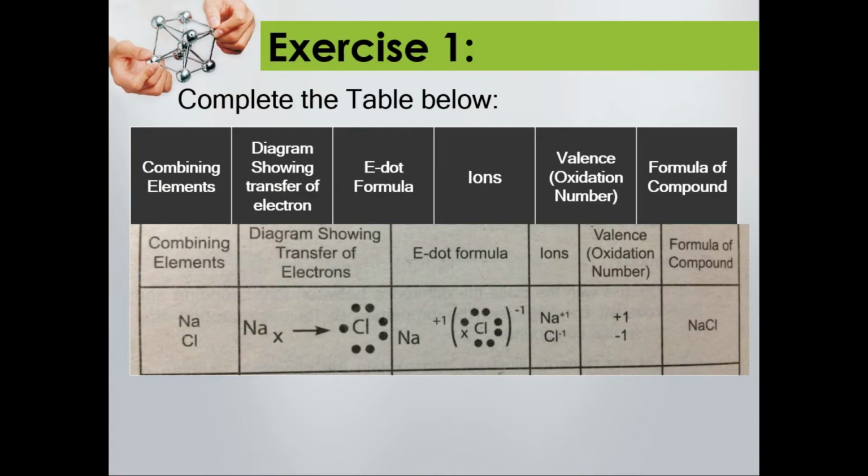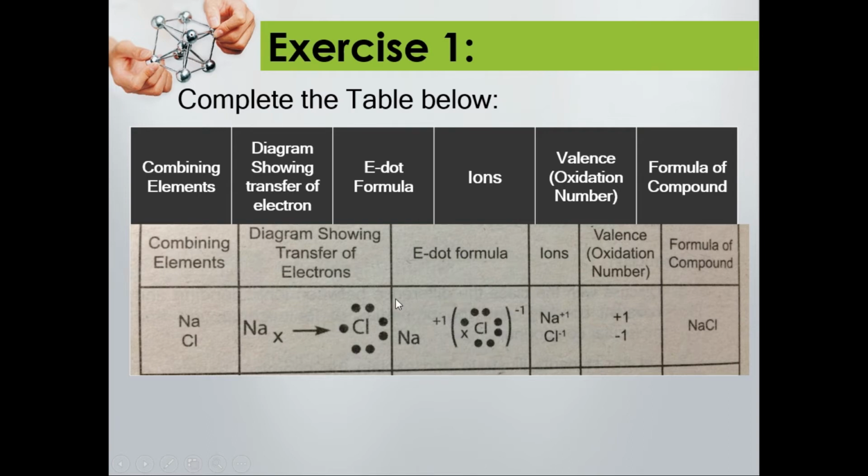So let's see the example. We have here two combining elements, a metal and a nonmetal. Sodium, as we all know, is a metal. That is why it will transfer, or give up, its electron to chlorine, giving them a charge. For sodium, we have positive 1, and for chlorine, negative 1.